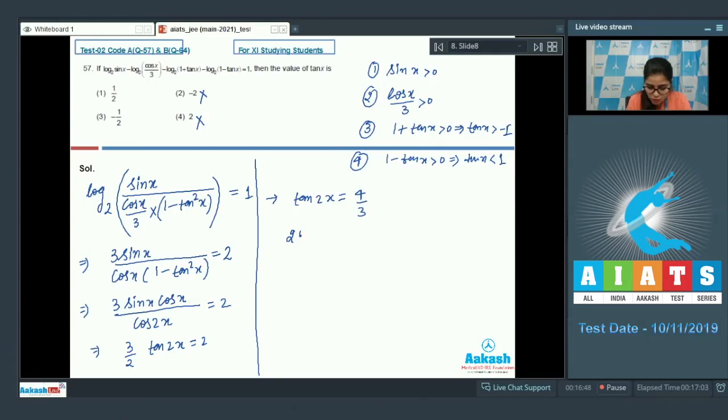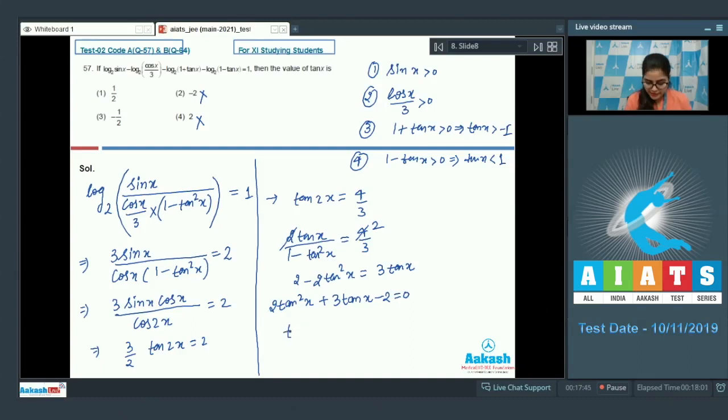So just calculate it. 2 tan x upon 1 minus tan square x is equal to 4 by 3. So you are getting 2 minus 2 tan square x is equal to 3 tan x. 2 tan square x plus 3 tan x minus 2 is equal to 0.